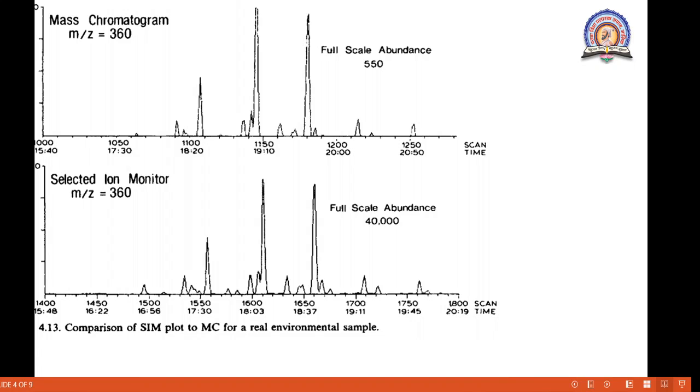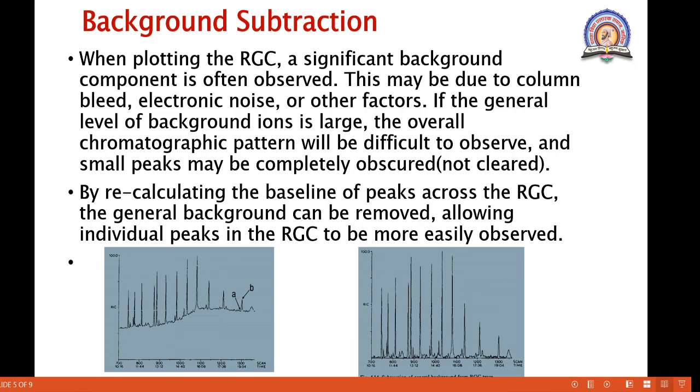selected ion monitoring. Okay, then the next point is background subtraction. When we plot the RGC, that means the reconstructed gas chromatogram, a significant background component is often observed. This may be due to column bleed, electronic noise and other factors.